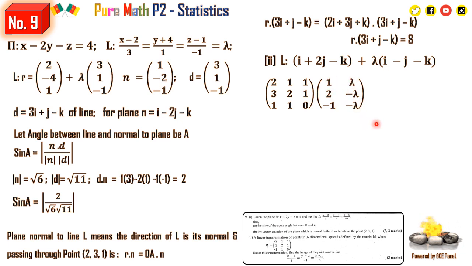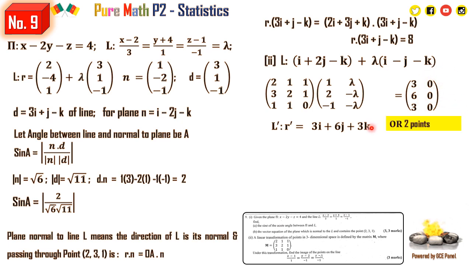We expand this, we are going to have the point 3, 6, 3, and all these other ones are zeros. So the image of this line will just be L prime, which is r prime equals 3i plus 6j plus 3k, because here our lambda prime is equal to 0.